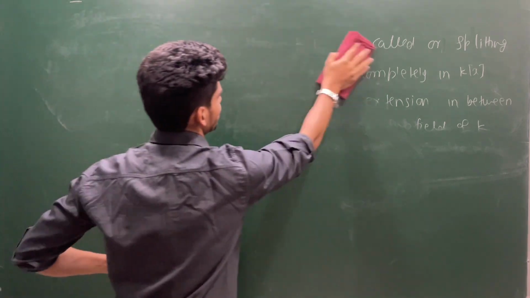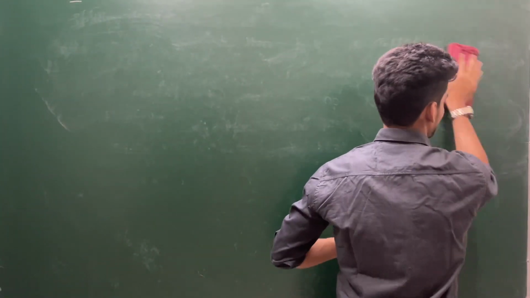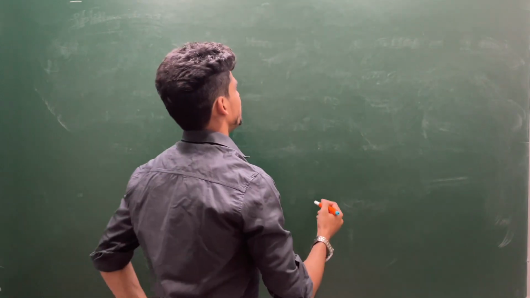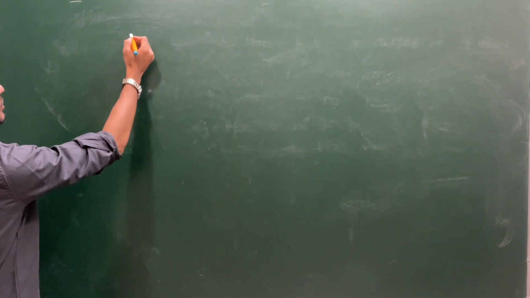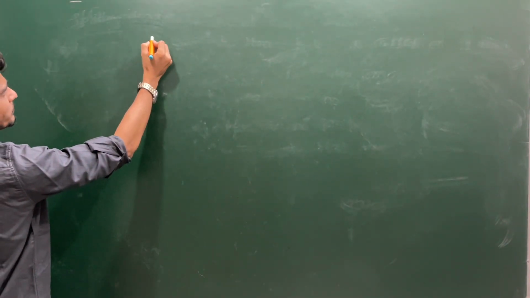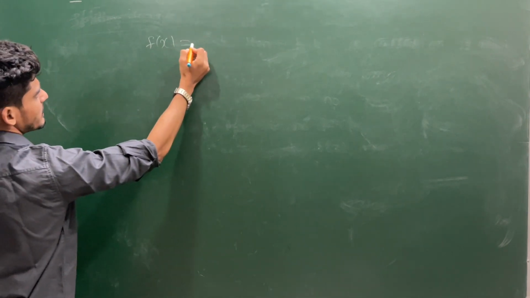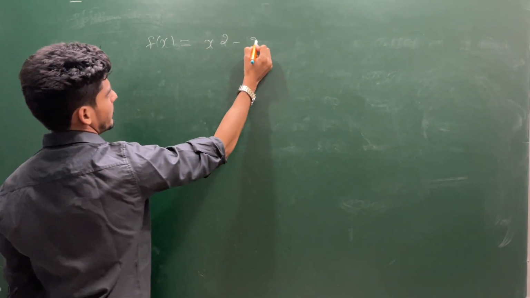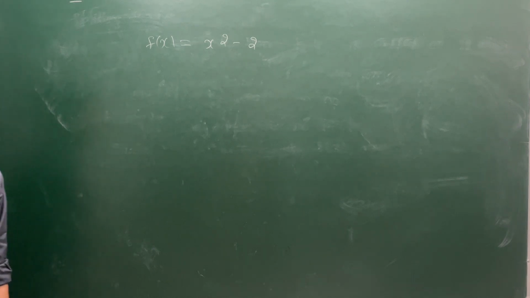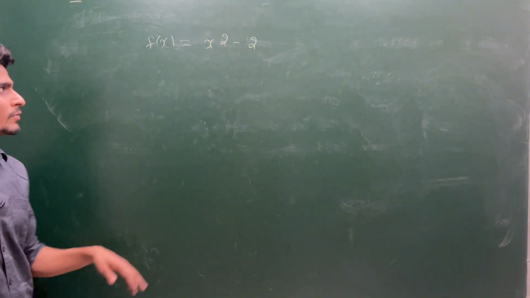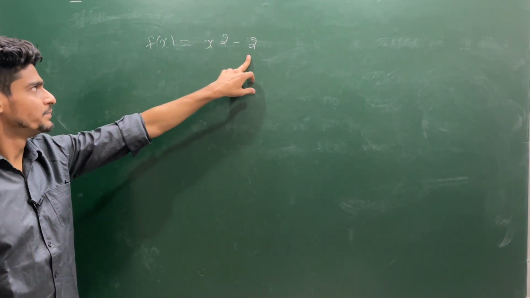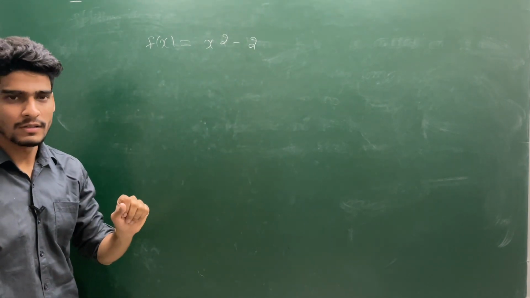Let's see some basic examples. Suppose f(x) is equal to x square minus 2. Then what can you say about the splitting field of this?